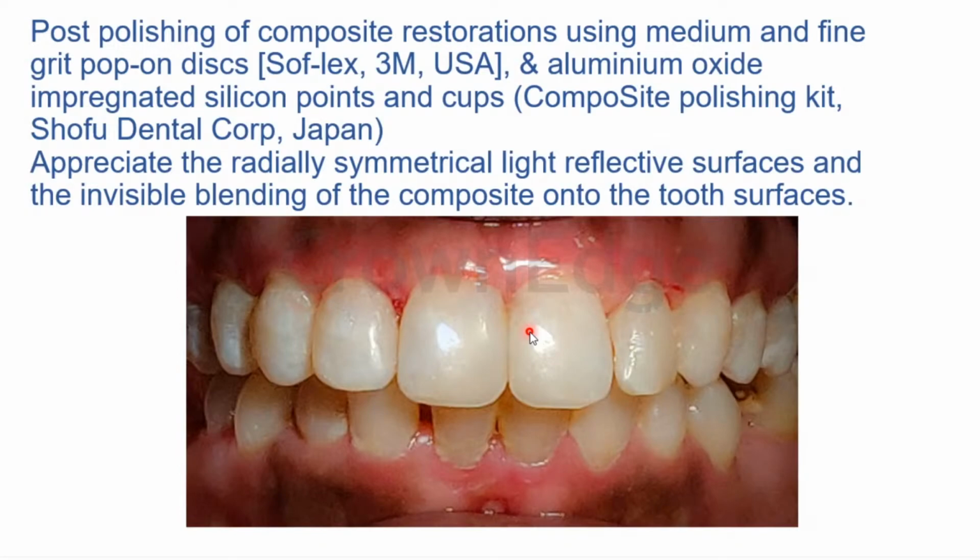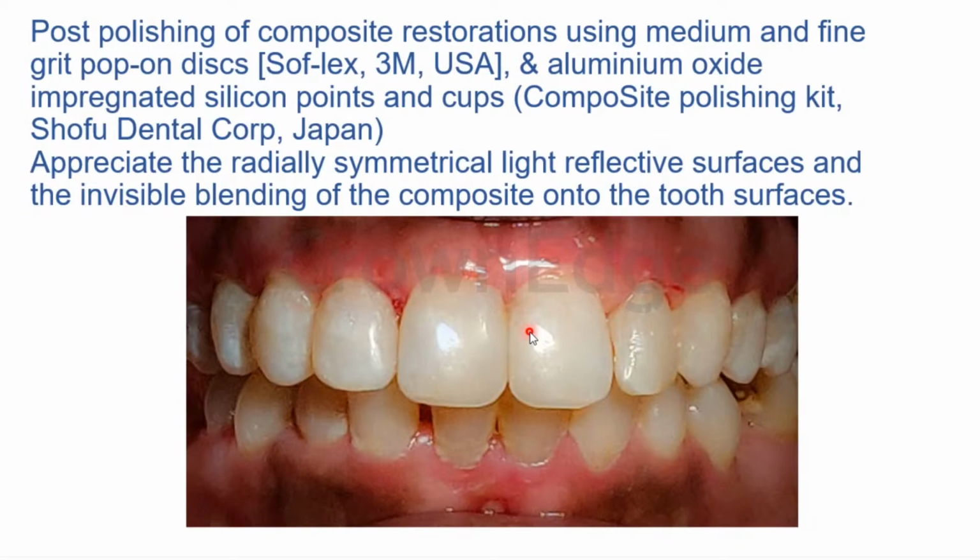It was studied that when you dry excessively, drying excessively will lead to collagen collapse, and it will impede penetration of the bonding agent into the dentinal tubules. Is that clear? When you over dry after your etching, it leads to collapse of the collagen fibrils, that is the matrix of your dentine, and that will impede the penetration of the bonding agent within the dentinal tubules. So it won't go deeper.